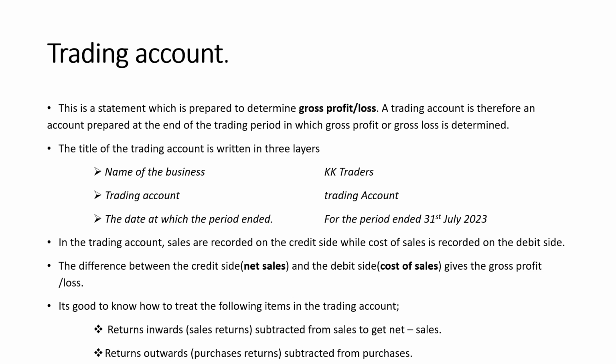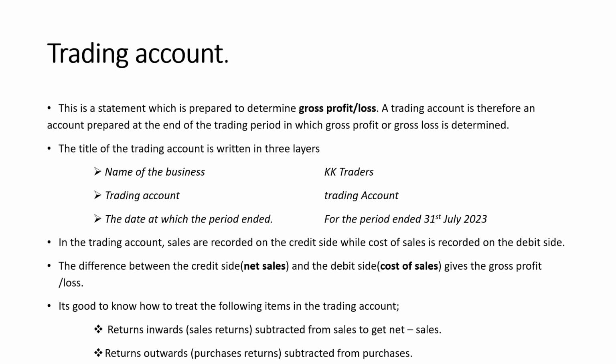Now, all that is included in the title of the trading account. Again, the sales are recorded on the credit side, while the cost of sales is recorded on the debit side.